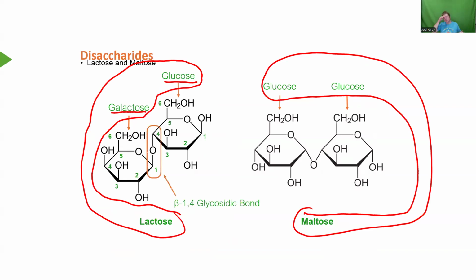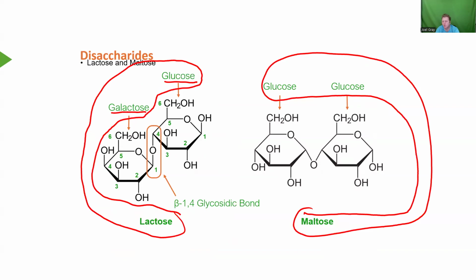Now, are these the only three disaccharides? No. There's tons of different disaccharides, and there's a lot more to those disaccharides. In terms of disaccharides that you'll encounter on a somewhat regular basis, these are the three big ones.